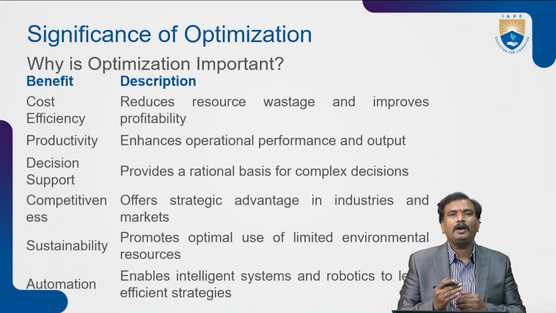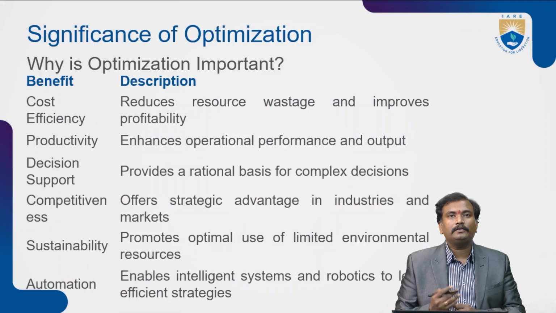Whenever we reduce the cost, automatically it reduces wastage and improves profits. When the cost is reduced, profits will increase. The next one is productivity. When we enhance the operational performance, automatically the production will increase and the output will also increase.